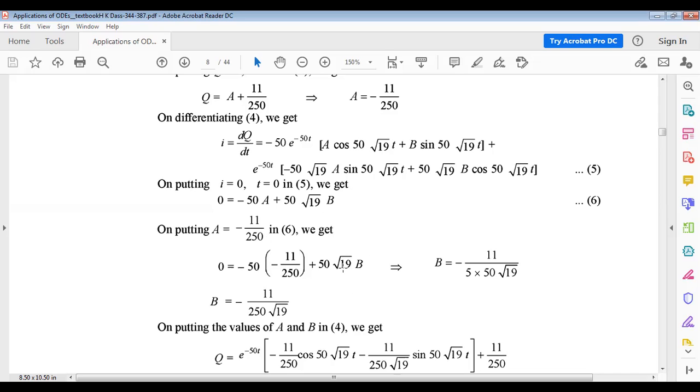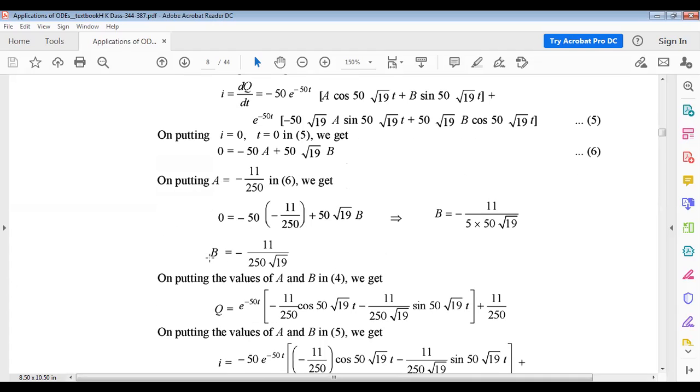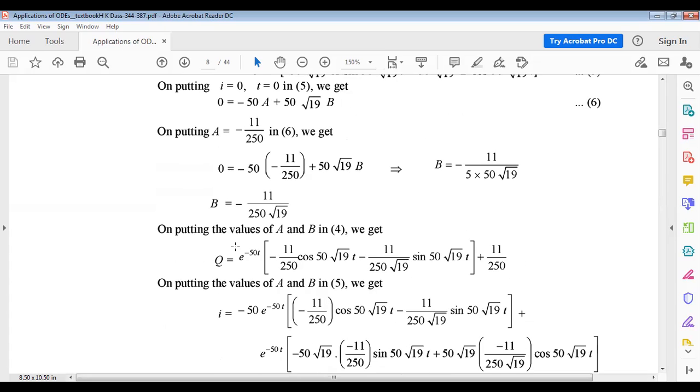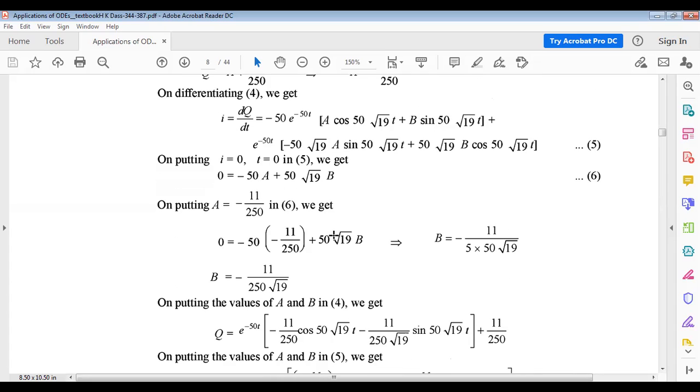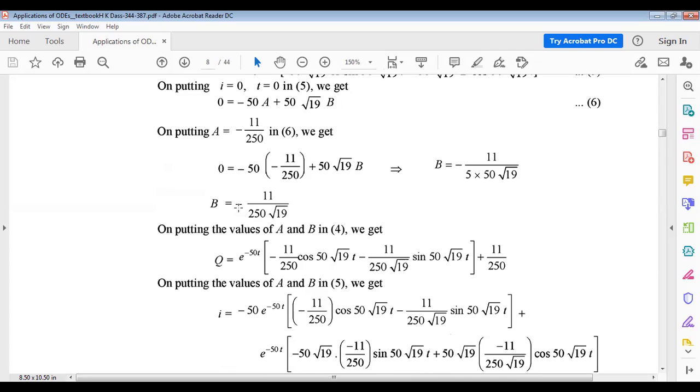So b equals to 11 by 5 into 50 root over 19, which can be written as 11 by 250 root over 19. So on putting the values, we got a equals to minus 11 by 250 and b equals to minus 11 by 250 root over 19.